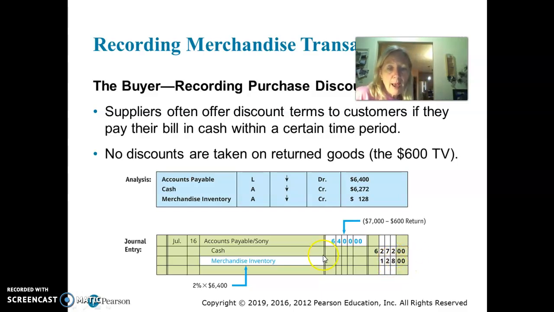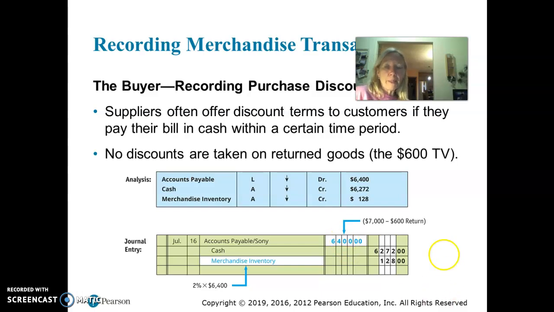So your cash is going to be credited because that is how much you have to pay Sony, and we take the 2% discount off of merchandise inventory. Our merchandise inventory, an asset, is decreased by that credit, because the value of it is decreased because we took that 2% discount.